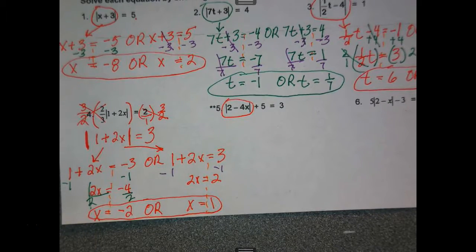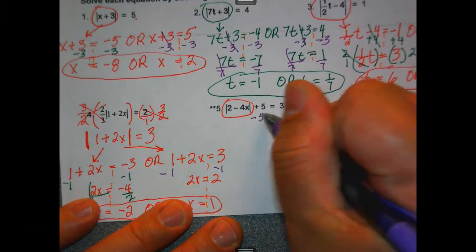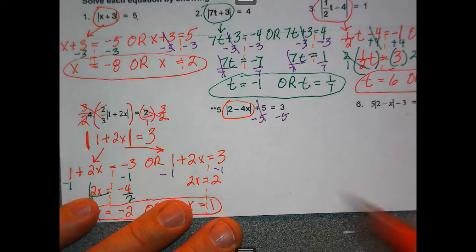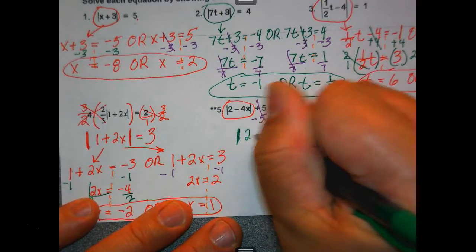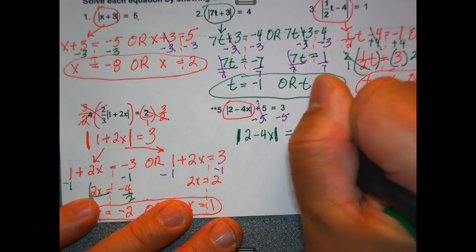What's happening to my absolute value here? Yeah, we're adding 5 to it, so we have to undo the add 5. Subtract 5. I get my absolute value of 2 minus 4x equals -2.